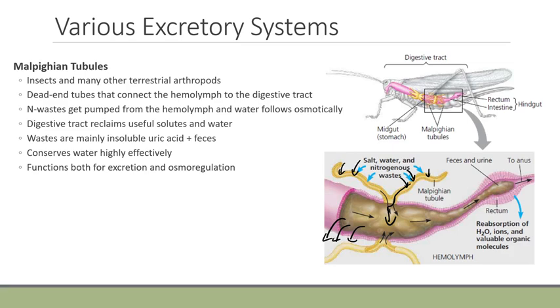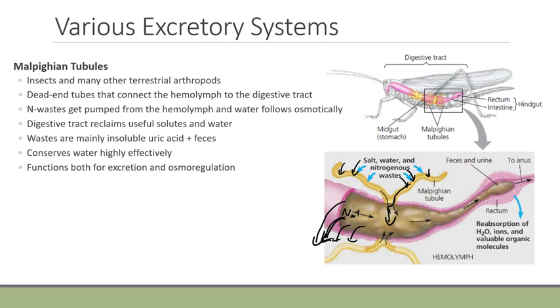And since it gets to go into the digestive tract, it actually ends up being really good at reclaiming a lot of that water, because as you take a solute, pretend it's something like sodium, you reabsorb it into the hemolymph. Water wants to follow that gradient as well. Again, water goes from an area of high to low concentration relative to itself. So if you take solutes away from the water, you've now kind of artificially bumped up the concentration of water, so it gets to go down its own gradient.